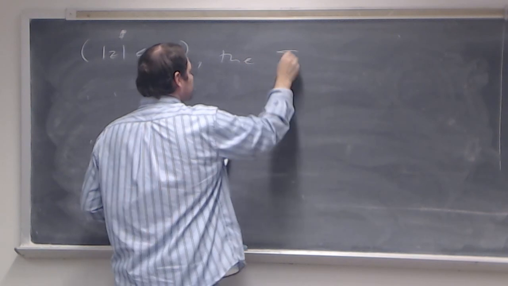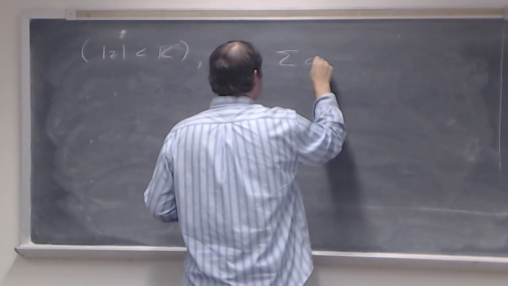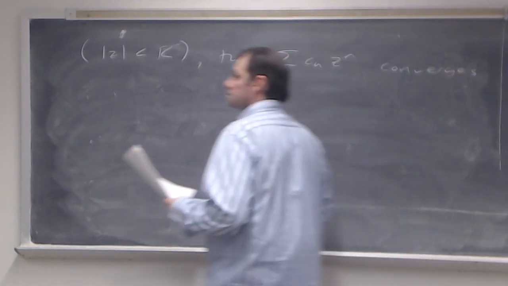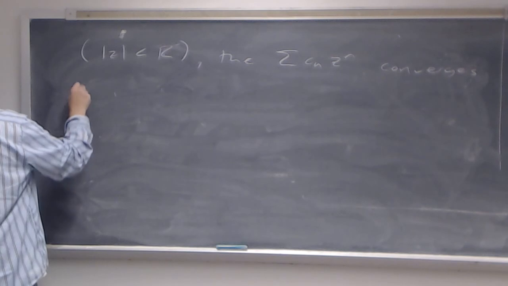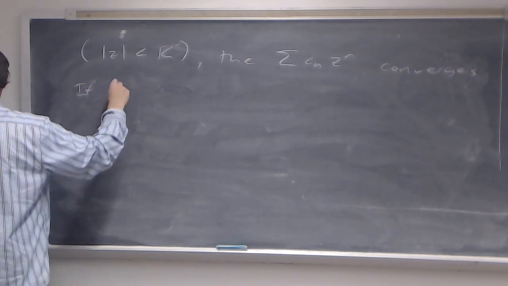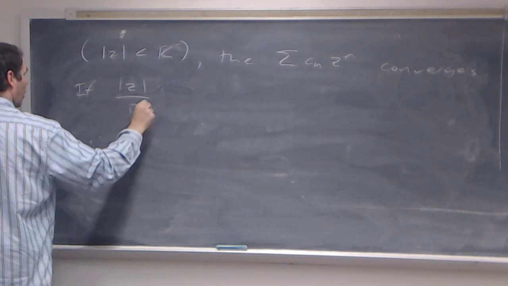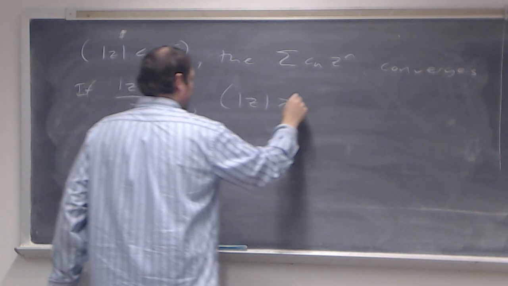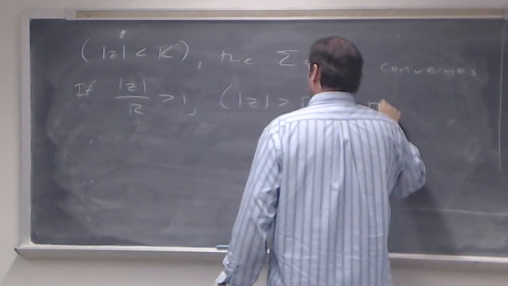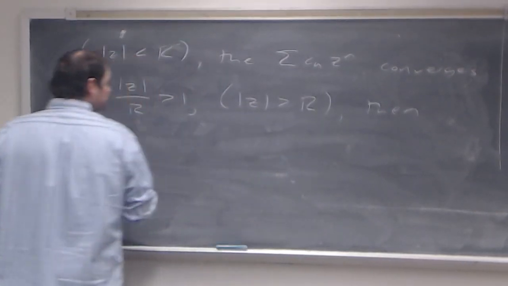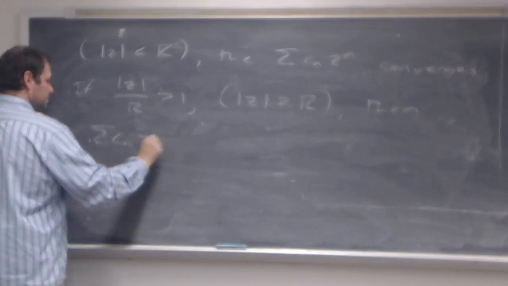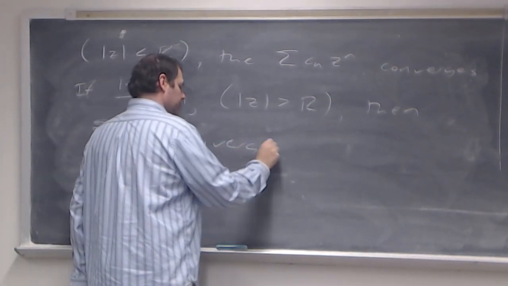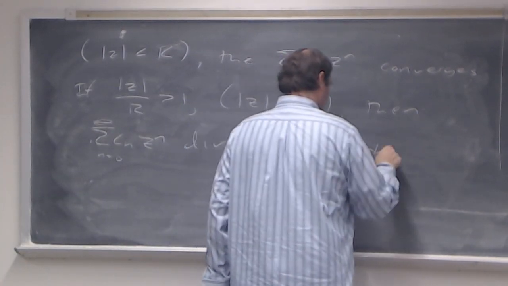Then the series sum of c sub n z to the n converges. If the norm of z over r is greater than 1, that says that the norm of z is bigger than r, then this series, remember n running from 0 to infinity, diverges. And in both conclusions, it's by the root test.